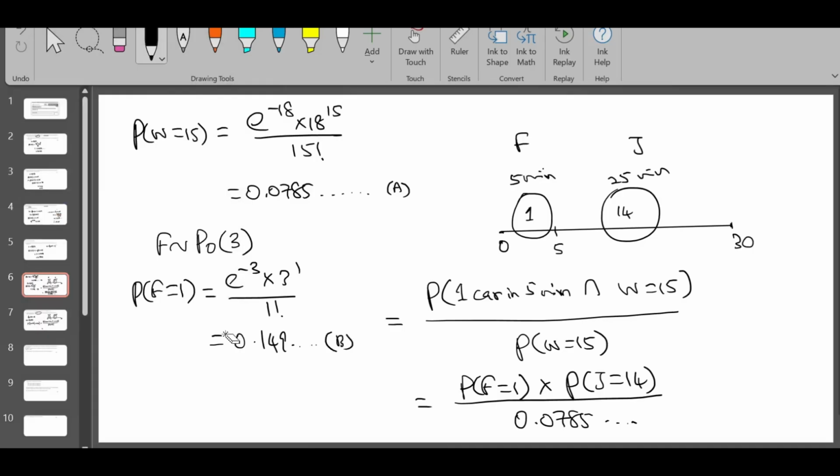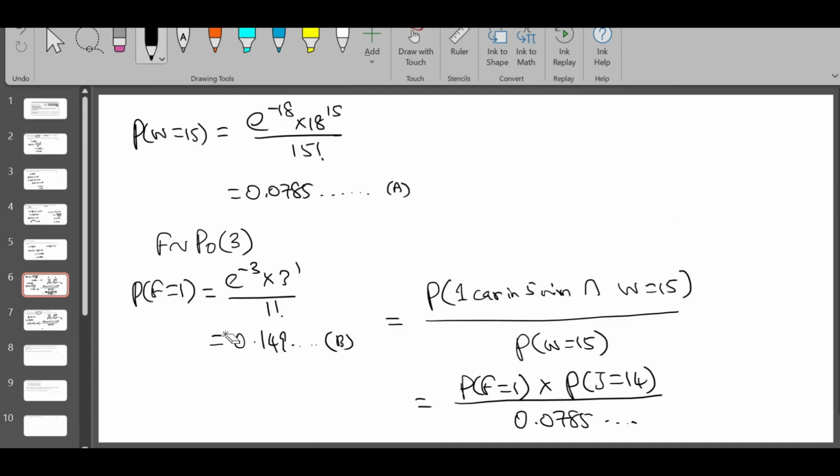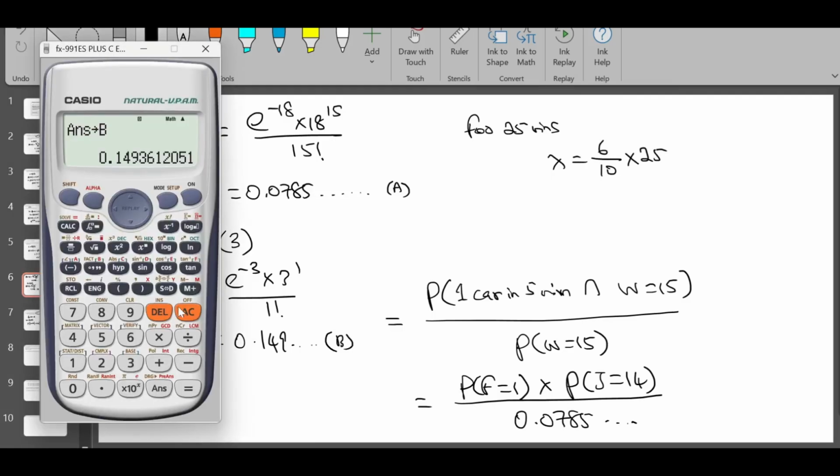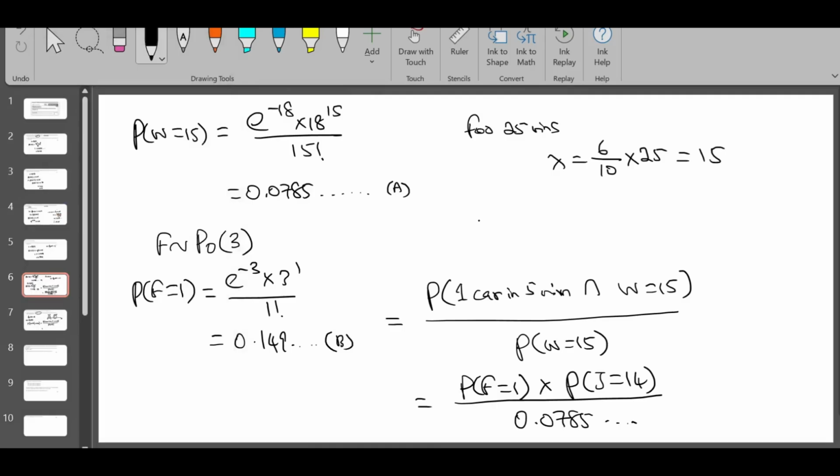And then for J, it's 25 minutes, right? So for 25 minutes, lambda is 6 per 10, so it's going to be 6 times 25 over 10. That's 15. So J follows a Poisson distribution of 15.